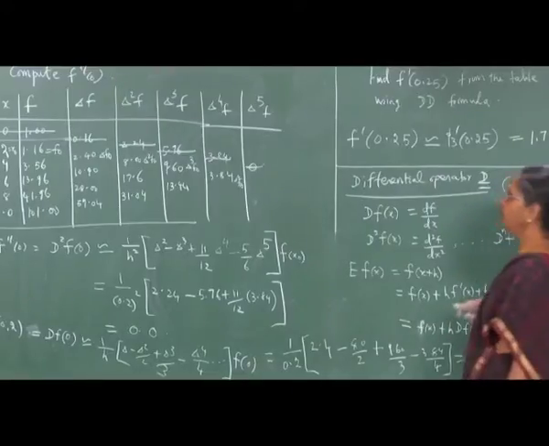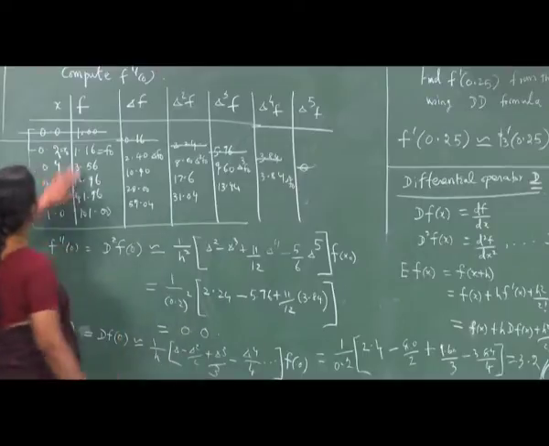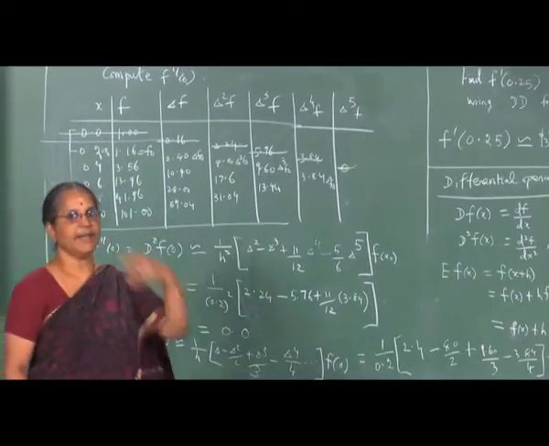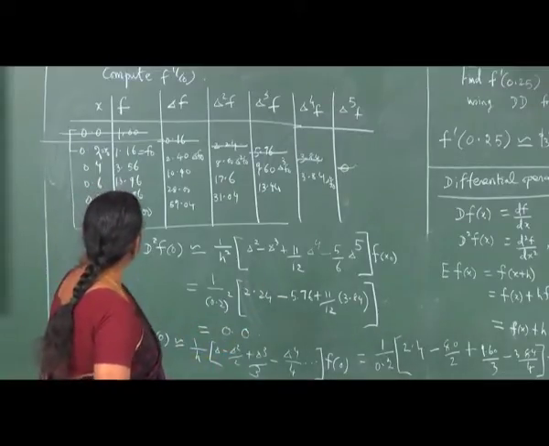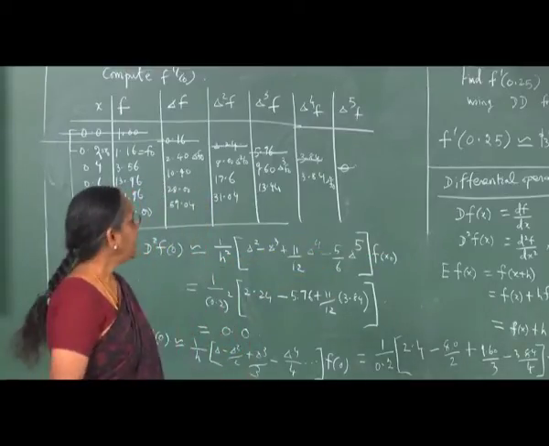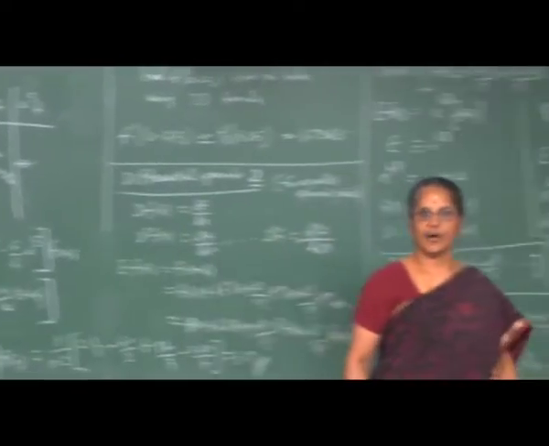So, you are able to make use of the information given about the function at a set of discrete points in estimating the derivative of the function at any of these nodes using the operators, namely the forward difference operator and the backward difference operator.